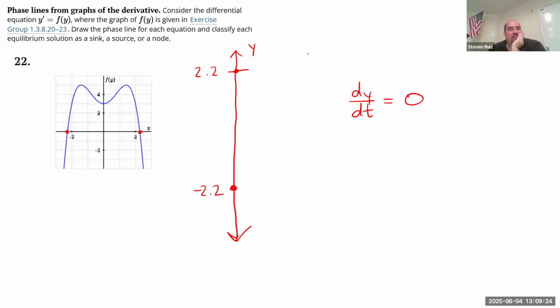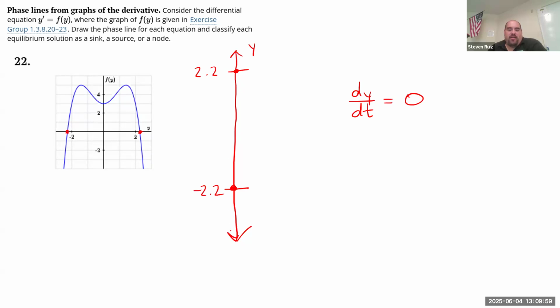Now I want to figure out what kind of equilibrium I have at those points. Let me back up. I'm going to let my equilibrium points divide all the real numbers up into 3 sections: the numbers that are less than negative 2.2, the numbers that are greater than positive 2.2, and the numbers that are strictly between negative 2.2 and positive 2.2.